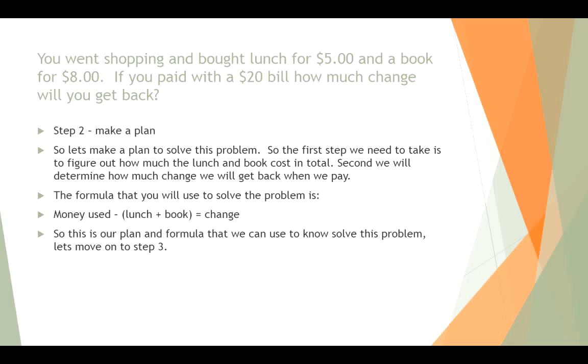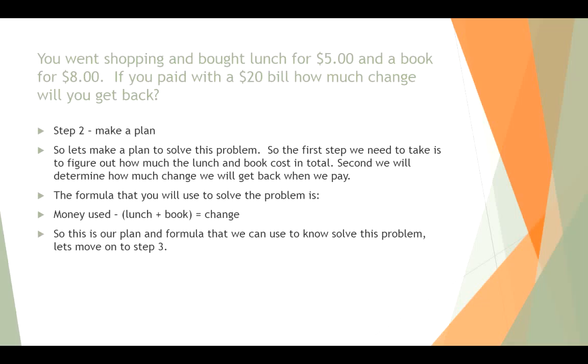So let's think of a formula that we can use to solve the problem. The formula would be like this. Money used, which is the $20, minus how much the lunch and the book cost together. And that's going to give us how much change we're going to get back. So this is what our plan is and our formula.